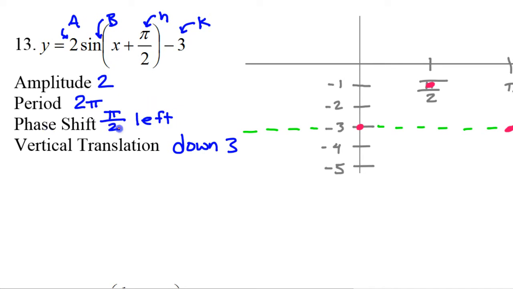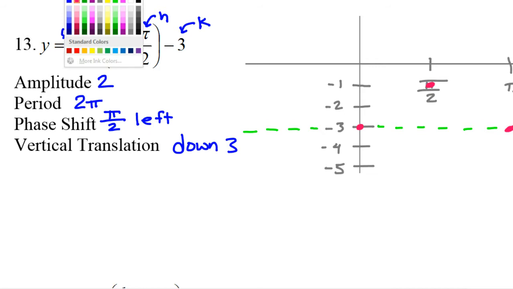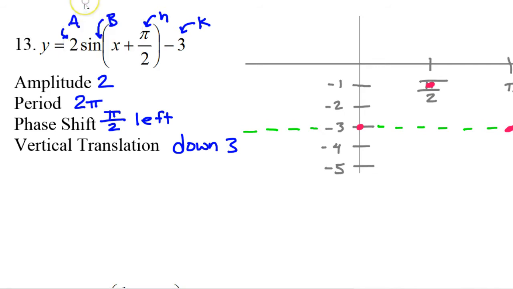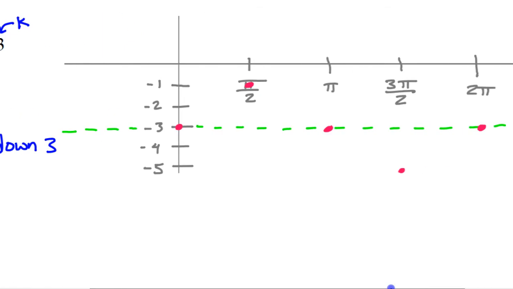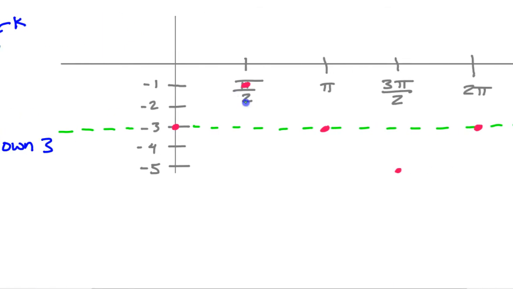However, there is a phase shift, and it is pi over 2 to the left. So I need to take all of these points and move them pi over 2 to the left. In this case I'm noticing that pi over 2 is one of the numbers on my x-axis that I've already labeled. That's useful because it tells me on this scale how big pi over 2 is.